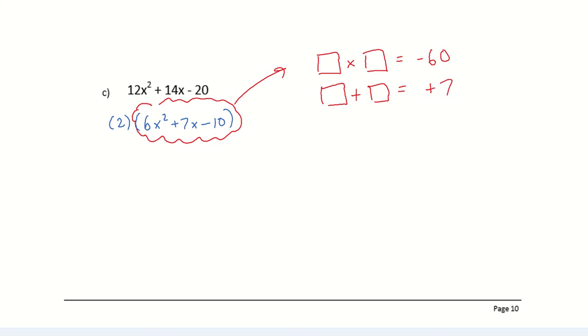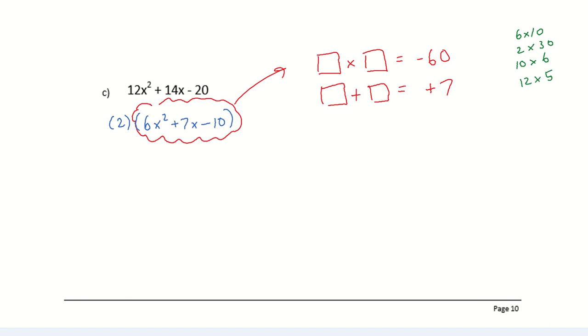Okay, things that multiply out to 60: 6 times 10, 2 times 30, 10 times 6. None of these combinations of numbers are adding up to 7 in any way, or subtracting to 7 either. So let's keep looking. It's 12 times 5.